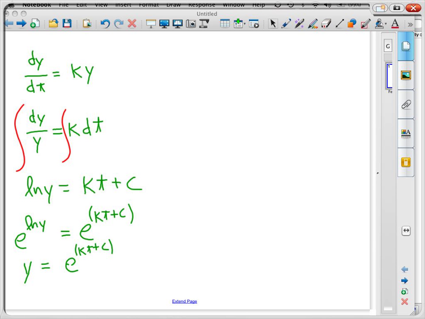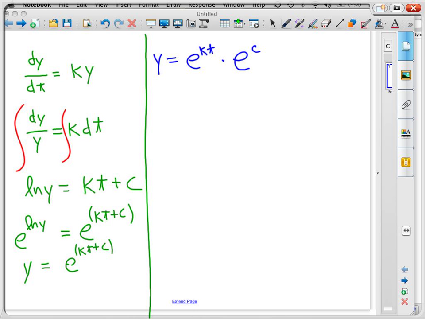But this is something that we'd like to rewrite to make it look a little more user-friendly. And so to do that, we actually break up the powers of e so that it's e to the kt times e to the c power, which we then treat as its own constant.